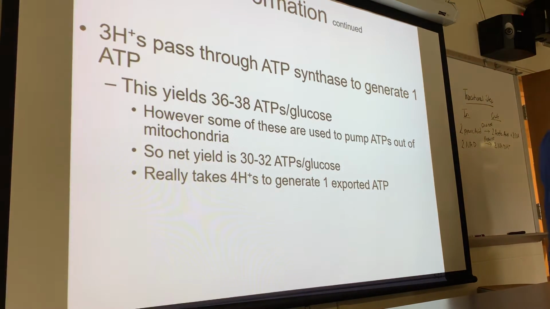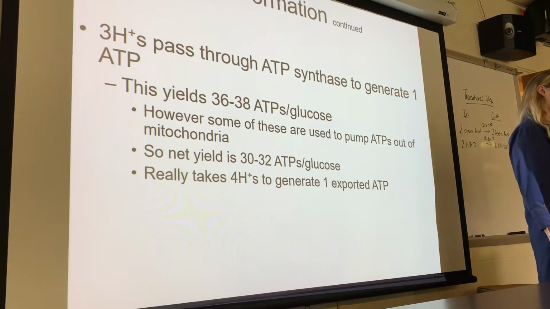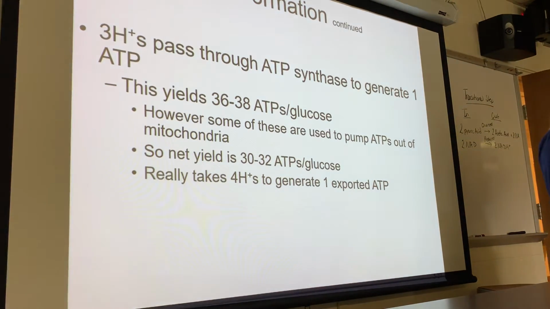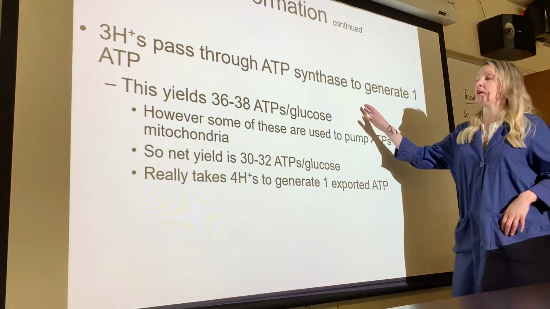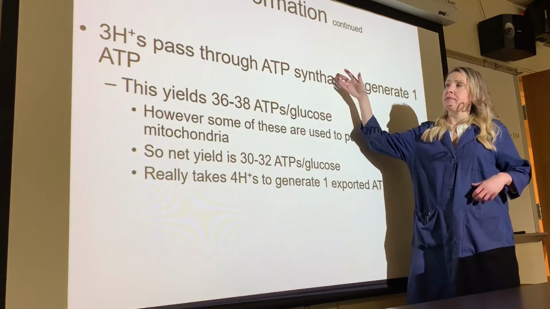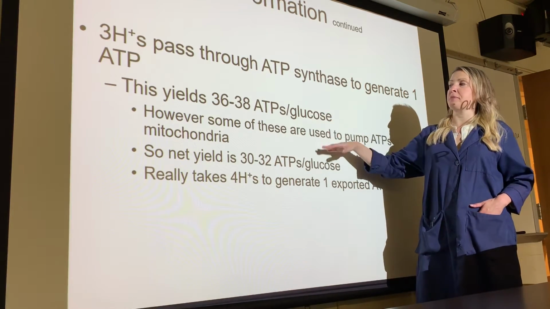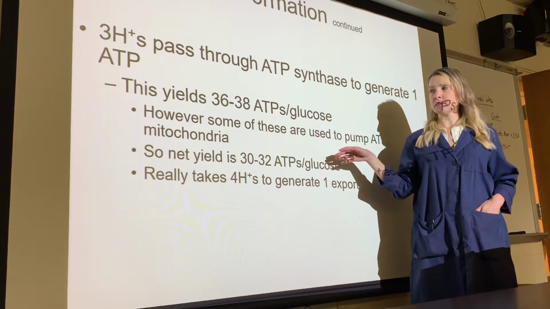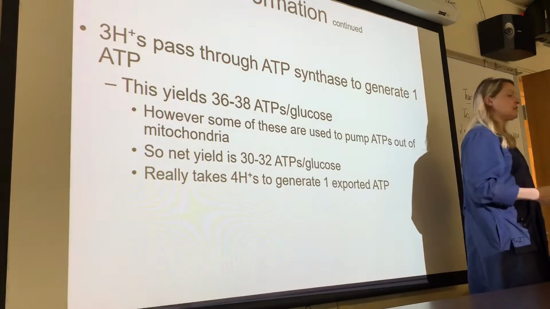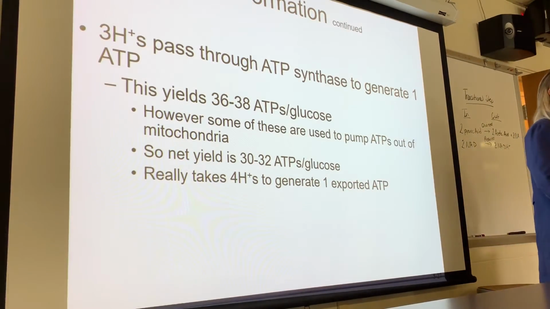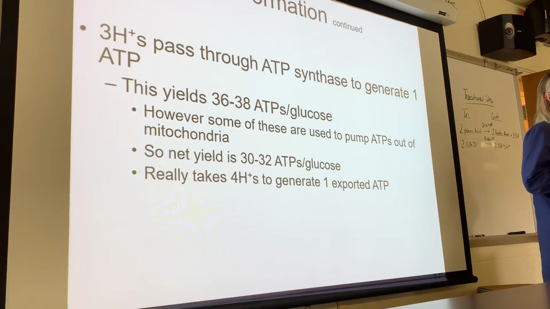There's really only one last point that I want to bring up here, and then the rest of this, as I said, I'm not going to really hold you responsible for it. Basically, this particular part right here is going through some of the accounting of like how many hydrogens generate ATP and so forth and so on.